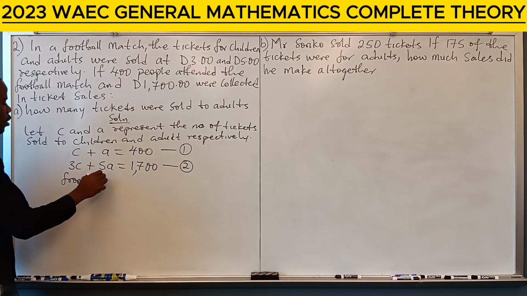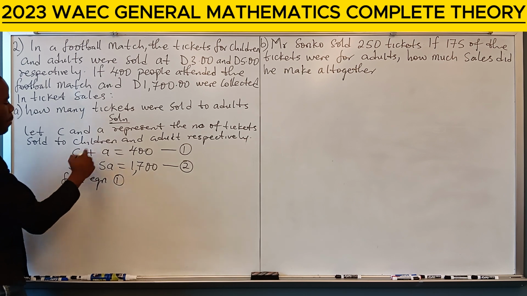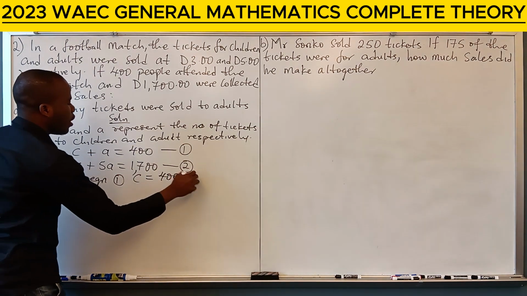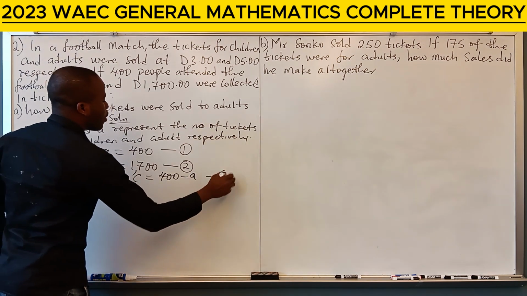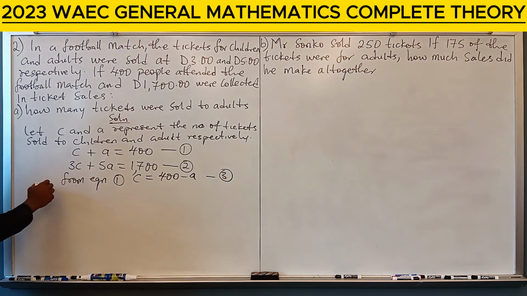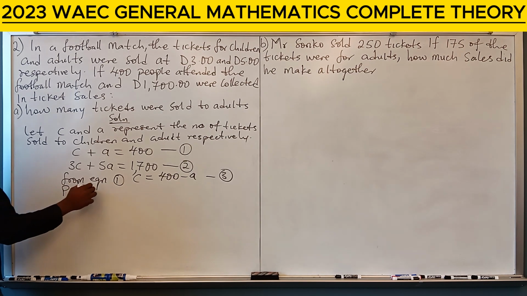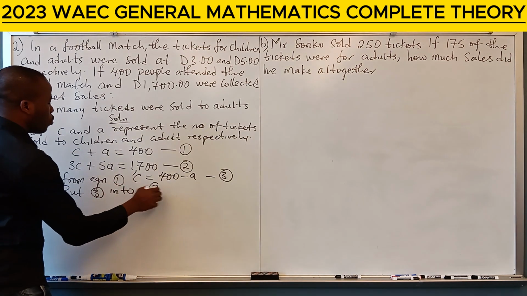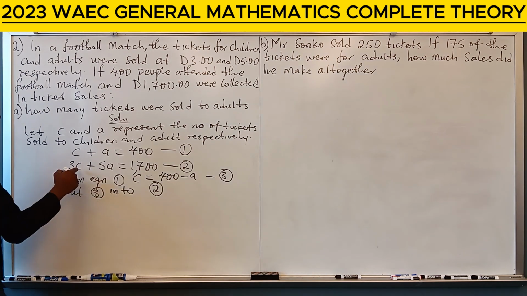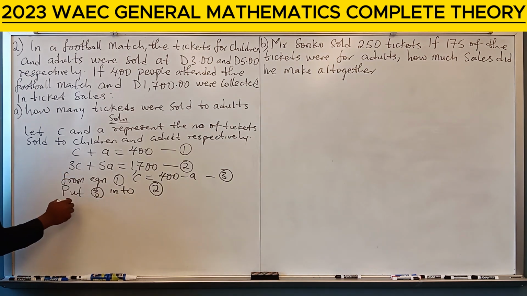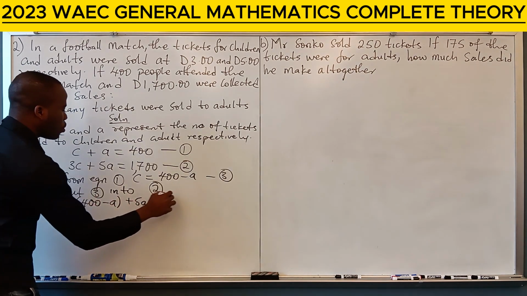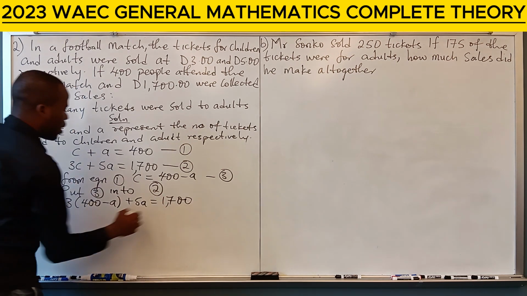From equation 1, I can make C the subject of the formula, which is 400 minus A. I will call this equation 3. Put equation 3 into 2. So in place of C, I will have 3 times 400 minus A plus 5A equals $1,700.